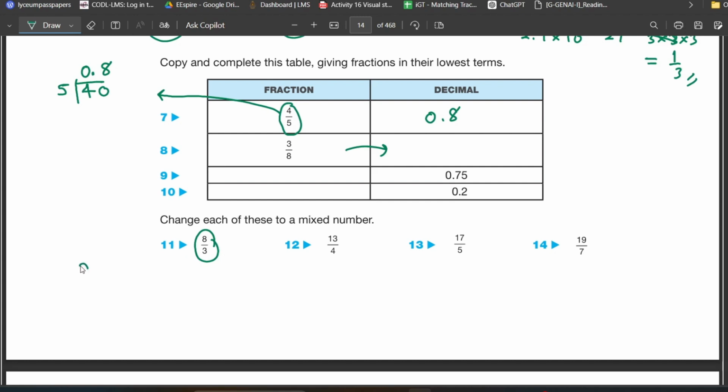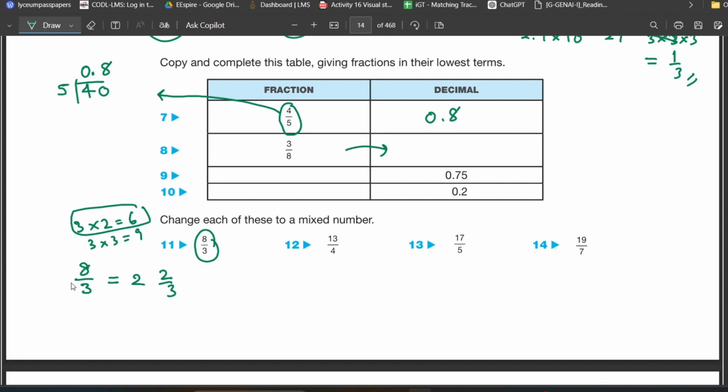Okay, so 8 over 3. First, you have to see how many 3's are there in 8. Okay, how many 3's are there in 8? 3 times 2 is 6. 3 times 3 is 9. So we have to take this one, only 2. We can take those 2 out. And how many are remaining? 2 is remaining. 2 over 3.